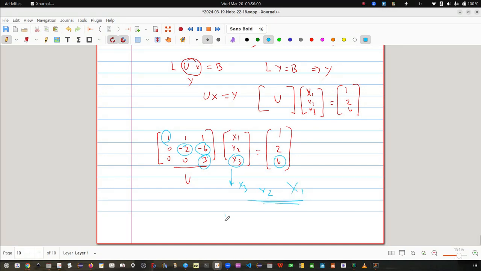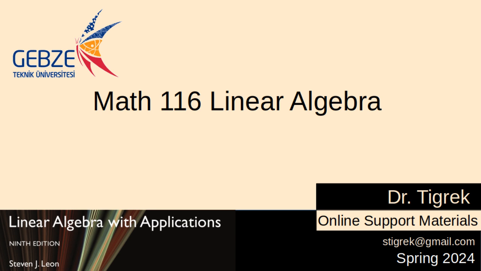This is the way of the LU decomposition method to find out the solution of these equations.